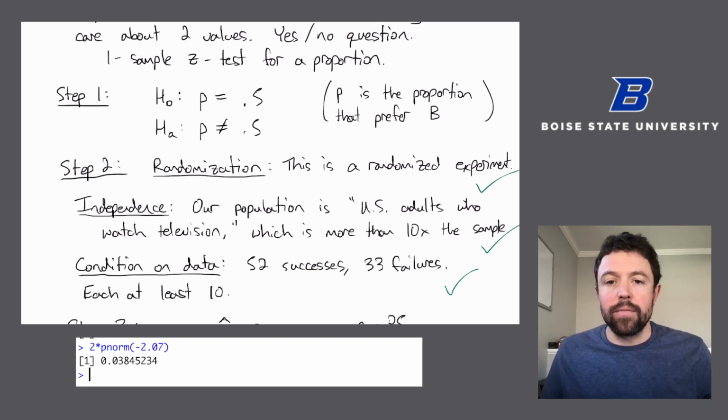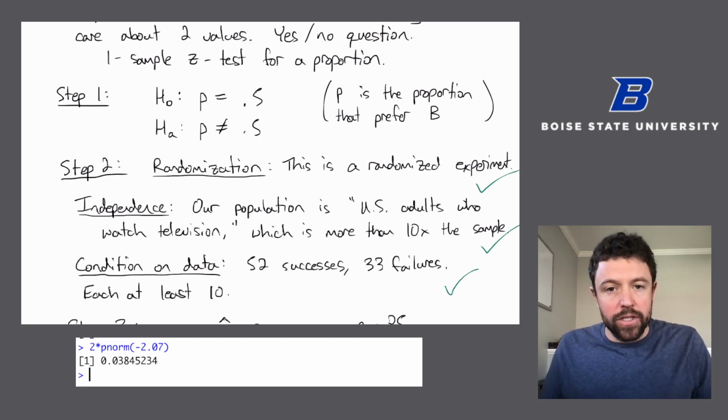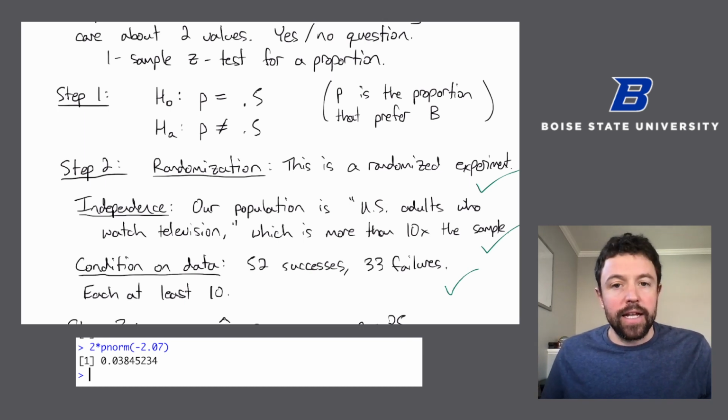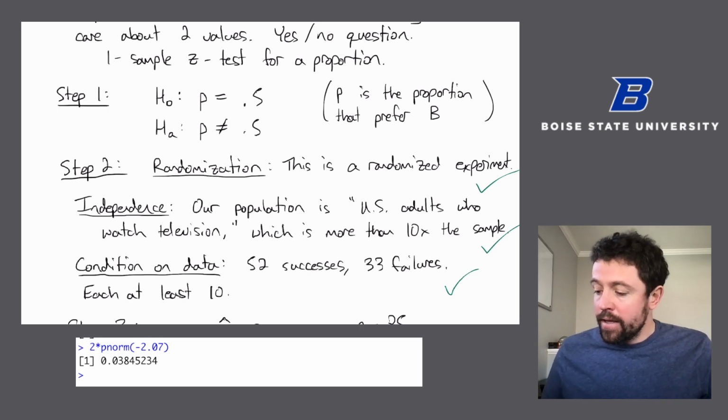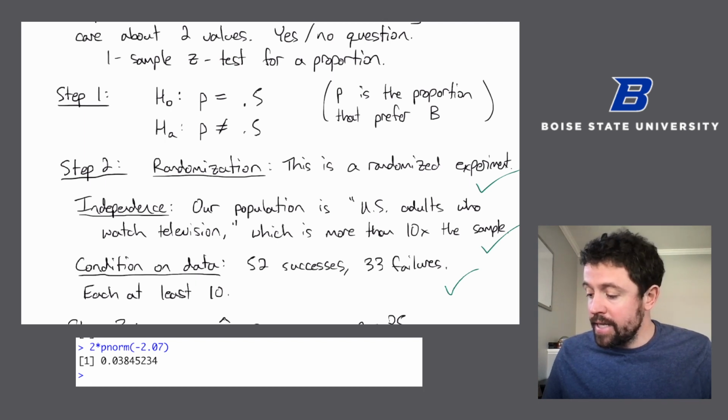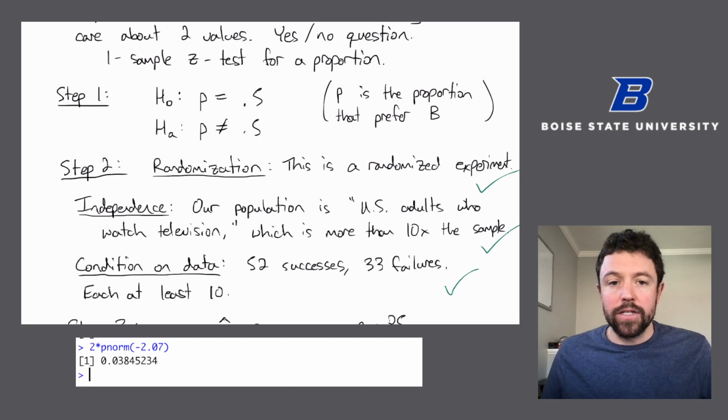They were thinking of that as the population. We're not given a ton of information. Make a reasonable assertion of what the population is, and then tell me whether you think it's 10 times the sample. The condition on data, again, this is about as easy as a condition on data could be. What we do is we say, in the sample, did we have at least 10 successes and at least 10 failures? That's all we need to check.